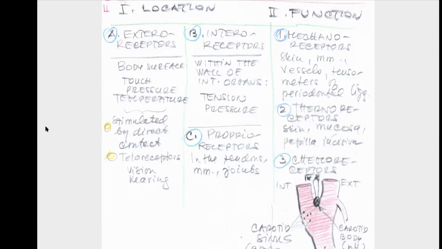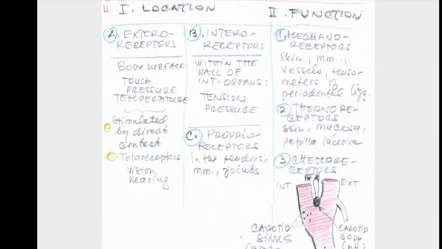The second category is classification according to the function. We describe the mechanoreceptors, number one, which are situated within the muscle, skin, and the wall of the vessels, controlling the blood pressure, for instance, or tensometers of the periodontal ligaments, which is important for dentistry.